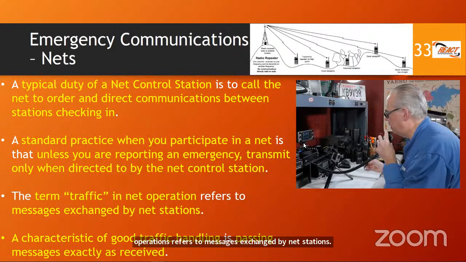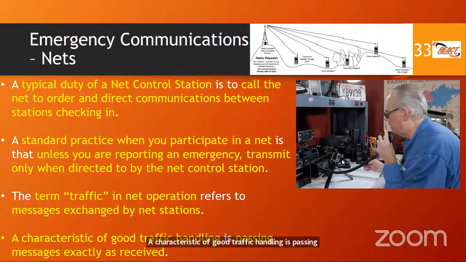We also need to be aware that in terms of traffic handling, a characteristic of good traffic handling is passing messages exactly as received. You want good integrity in that messaging, so when you pass that message, it's accurate, timely and pristine. And that's an exam question: a characteristic of good traffic handling is passing messages exactly as received.